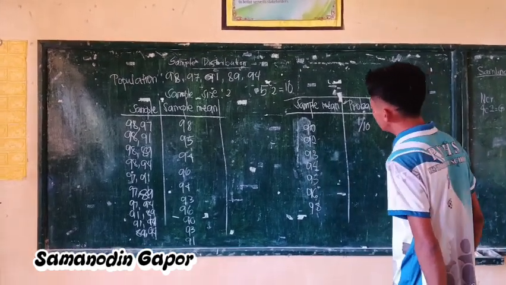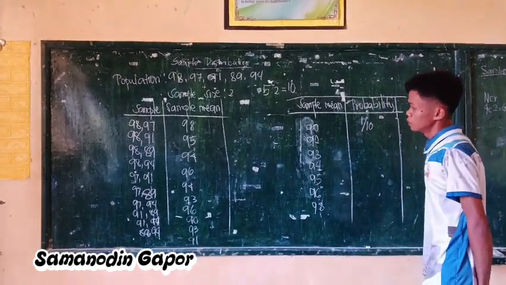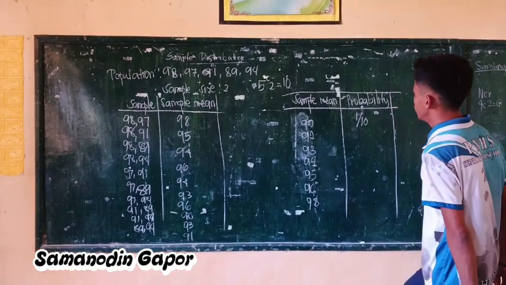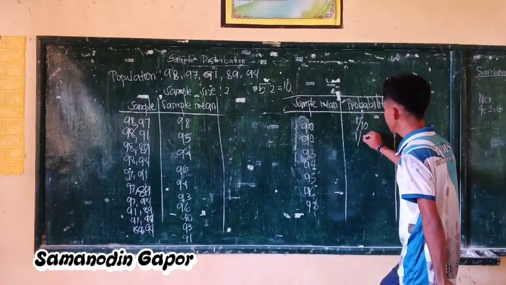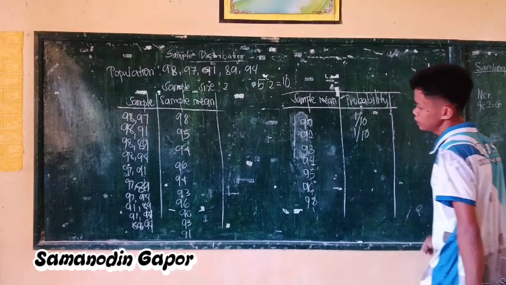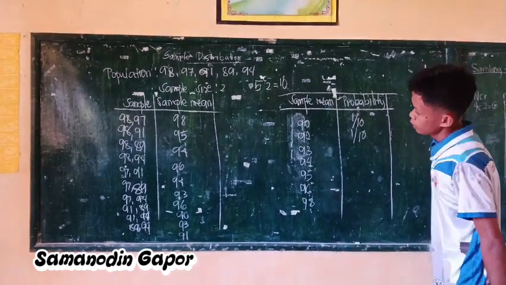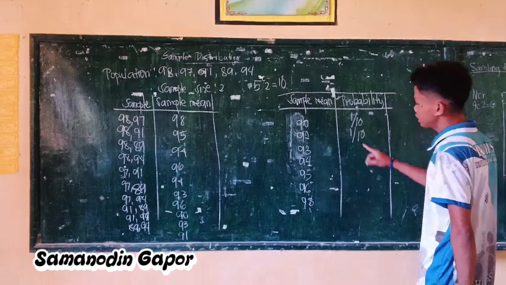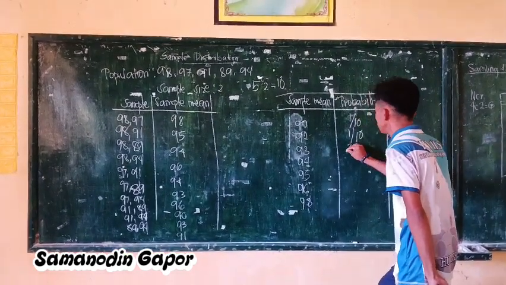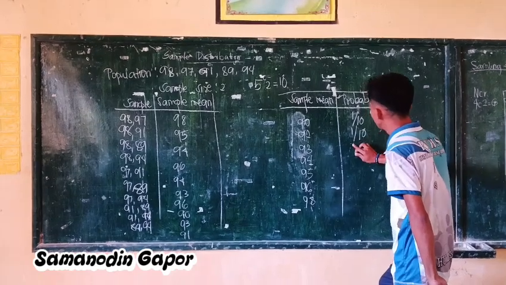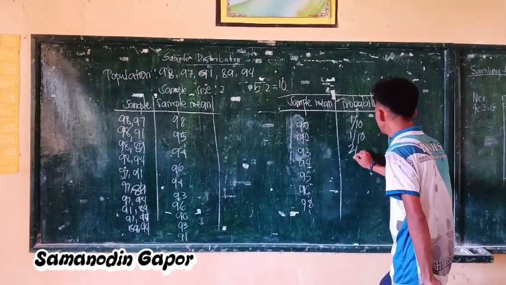The number 2 is 92, so we have 1 over 10. The number 3 is 93, which occurs twice, so 2 over 10.